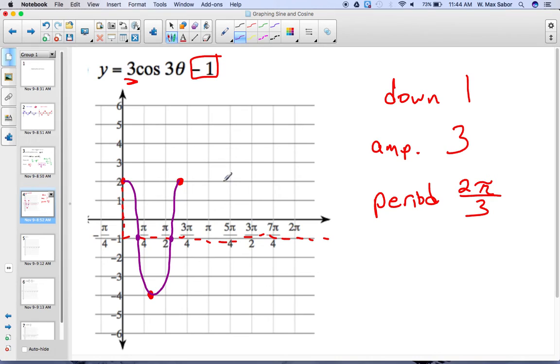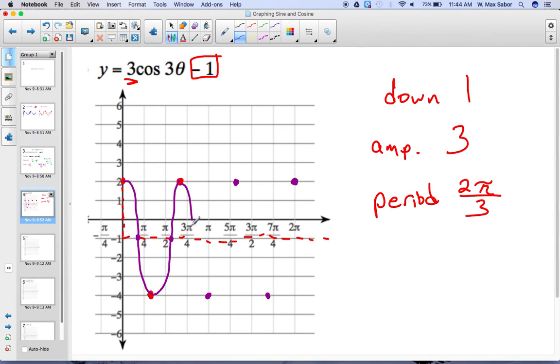Let's repeat this. The next place would be at 4 pi over 3, where it happens again. And if we multiply 2 pi over 3 by 3, we get 2 pi, which is another maximum. Halfway between these two is another minimum.